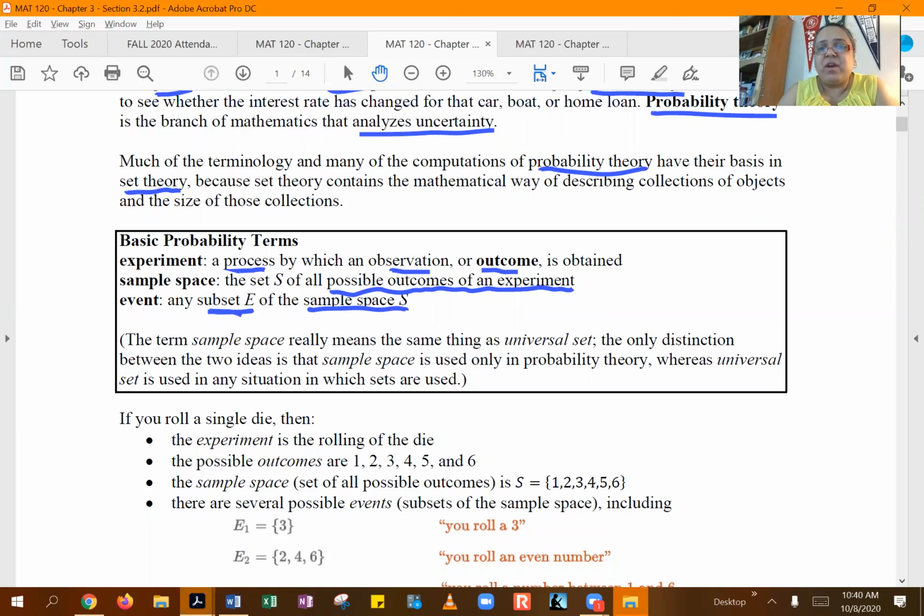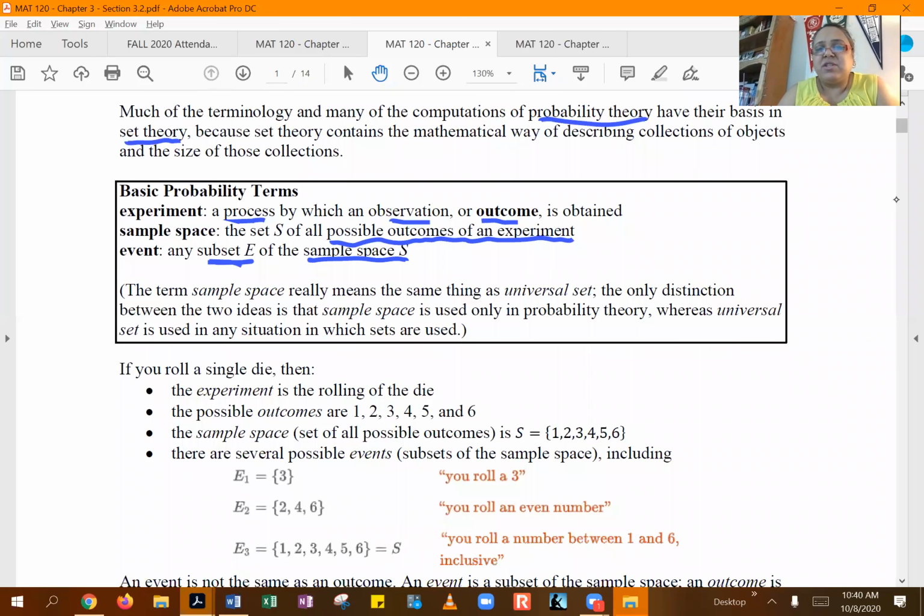When we're talking about all possible outcomes, you can think of your sample space as being the universal set that we were looking at in chapter 2. When we're talking about subset E, we're talking about anything that will be part of the universal set becoming your subset. That's how an event can be described, as a subset of a sample space.